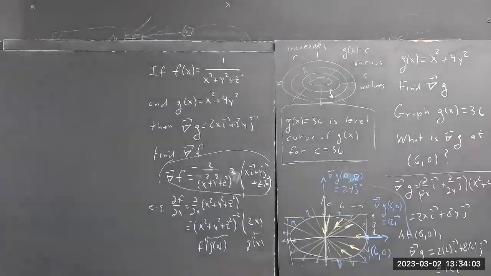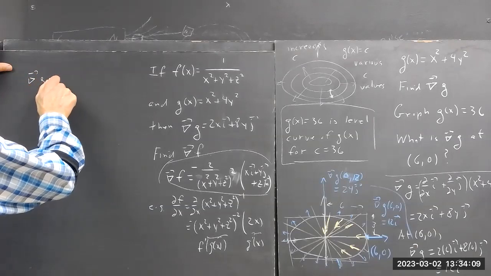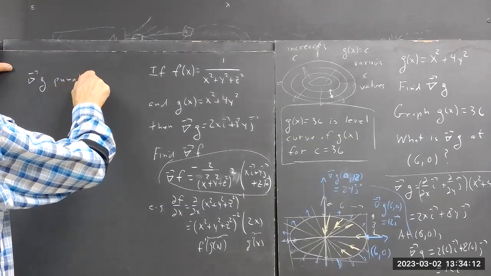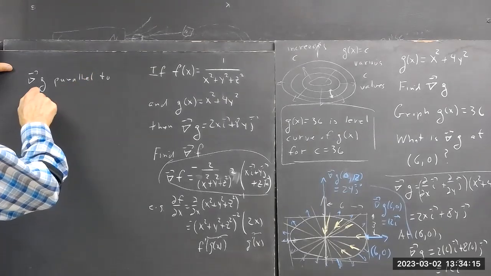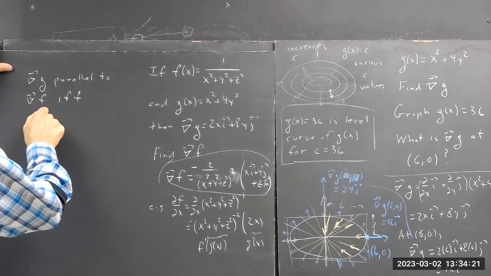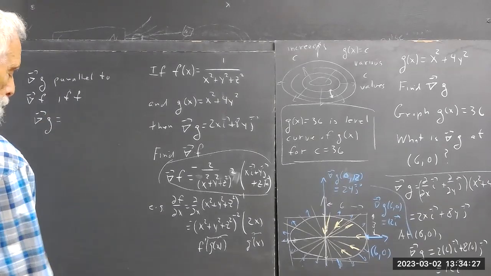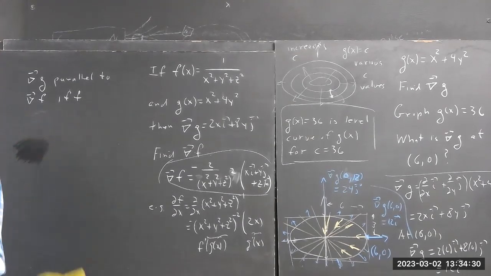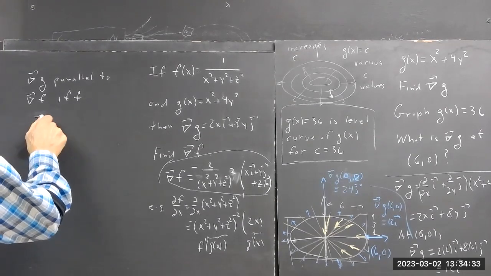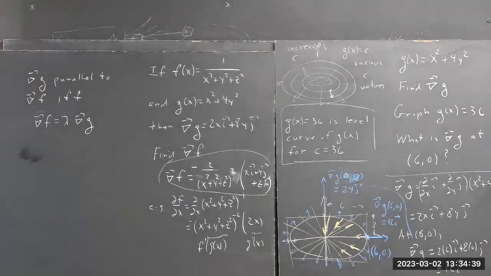That could be written either way, but I think convention has the lambda in front of the gradient of g.